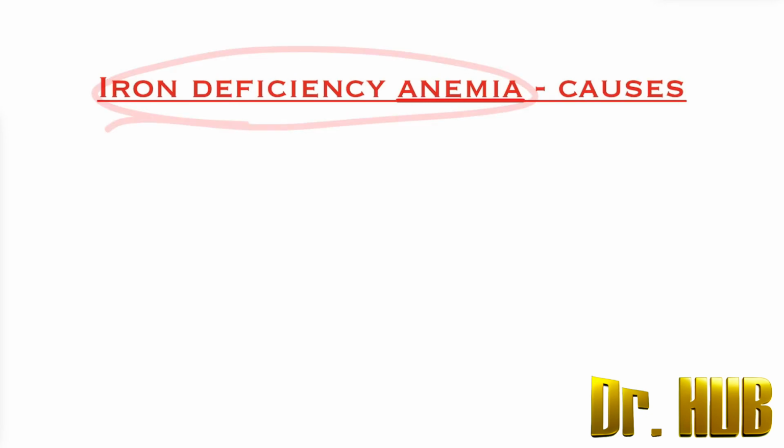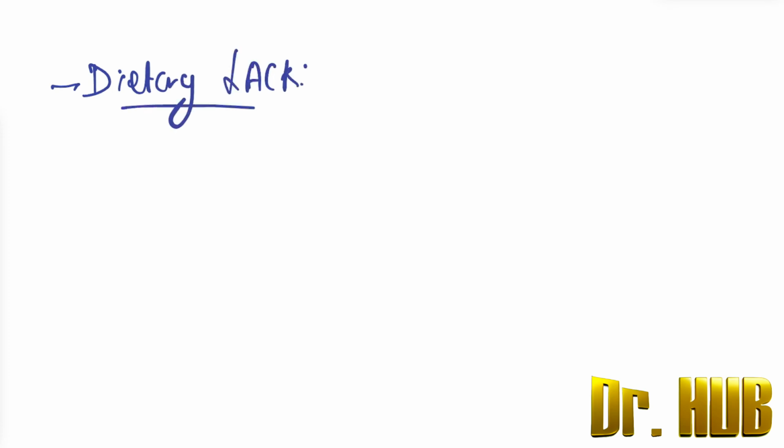Iron deficiency anemia, that is IDA, and we are looking at its causes. So, what is the main cause of the IDA? If we look at the causes of the IDA, it includes the dietary lack. IDA may be due to dietary lack, that is, infants who are at high risk due to very small amounts of iron in the milk.